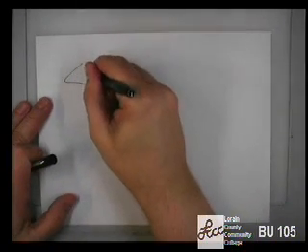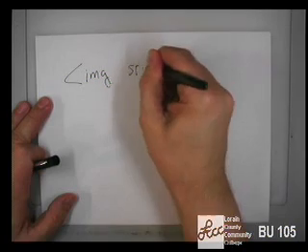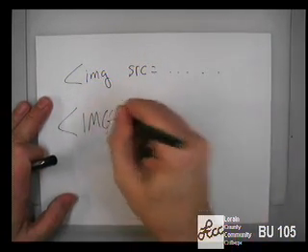The other thing is you could use uppercase or lowercase for your tag names. If you notice, I've always used lowercase for everything. Likewise for attribute names. If we say image source equals, in HTML, it's legal to do this, or this.